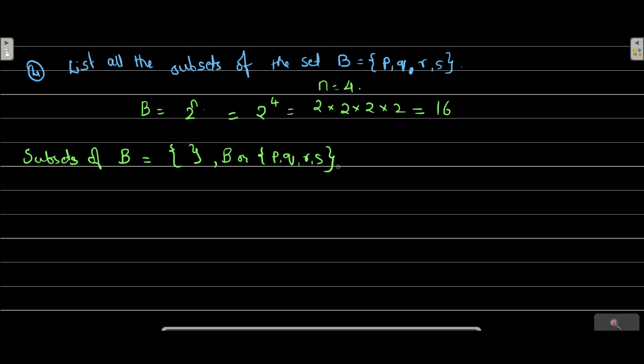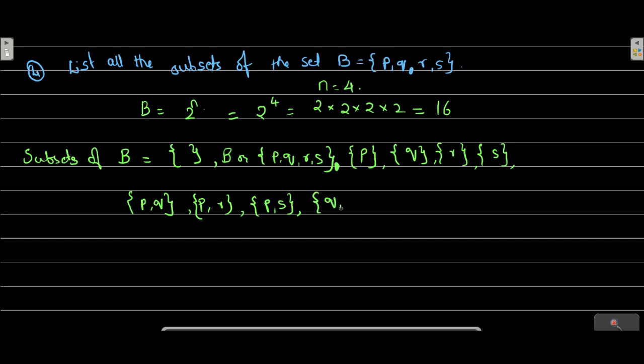Then we will mention each of the elements as a set, like a set with one element: P, then Q, then R, then S. Now let us make pairs. Two elements at a time: P comma Q, then P and R, then P and S. Next move on to the next letter: Q R. We are forming sets of two elements each.